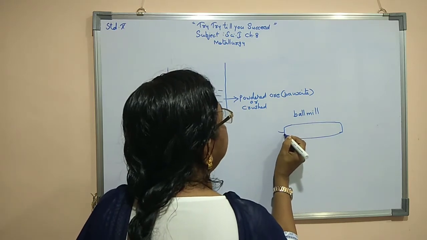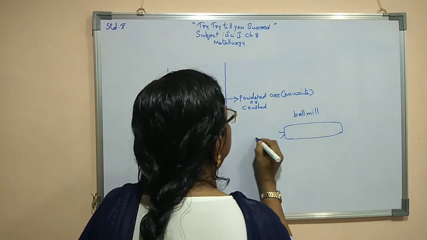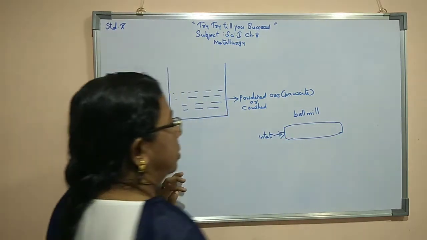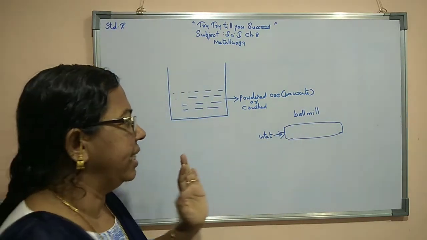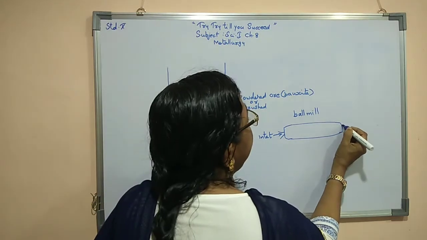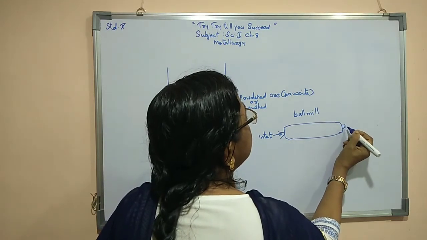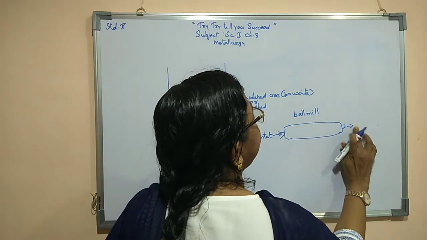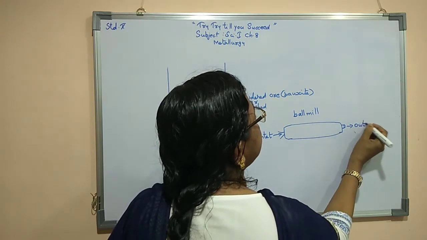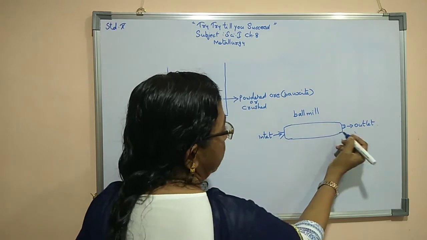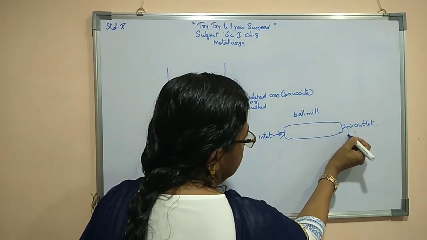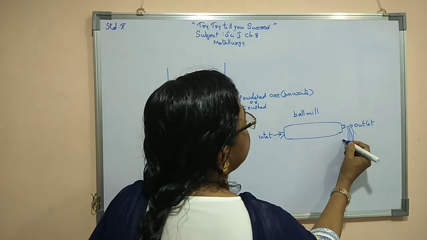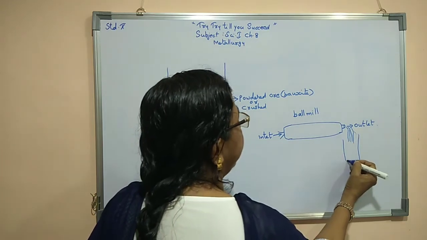Again, from here one inlet will be there. Inlet means putting the bauxite ore inside. Here one exit will be there. Exit, or I can say outlet, for the powdered bauxite to come out into the container.